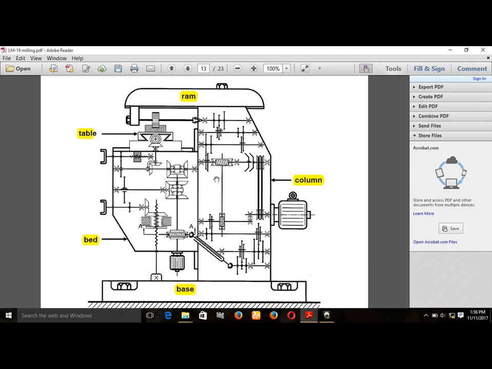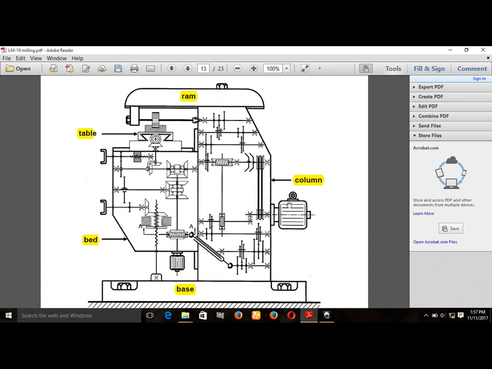Here we can find the milling cutter, and this milling cutter is always mounted on the horizontal milling arbor, and it receives its rotary motion at different speeds from the main motor.